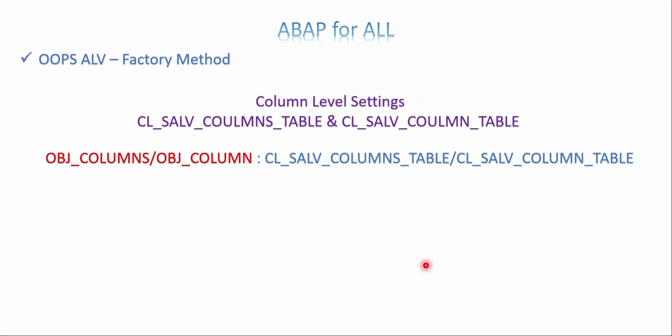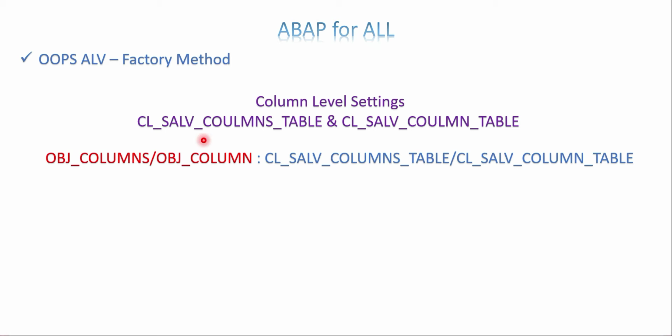Okay, this is pretty much what we needed. Now, at column level, I want to make some changes, like I want to make an icon, a checkbox, or symbols. That information is enabled with the help of these two classes. The only difference is the S. So I need two different object reference variables.